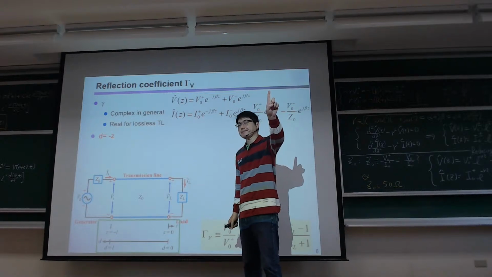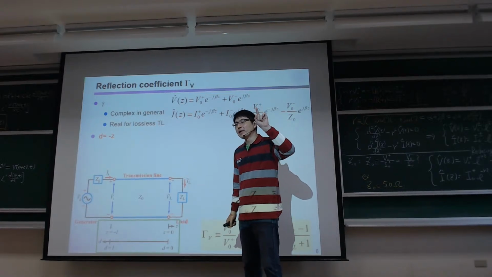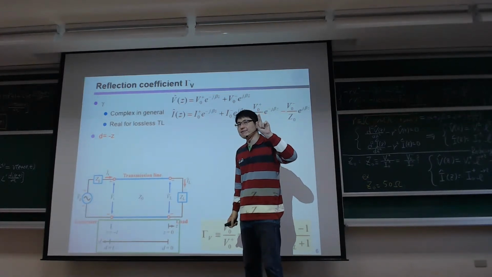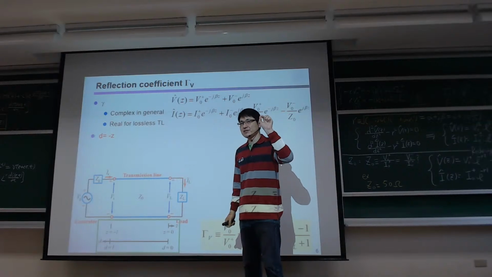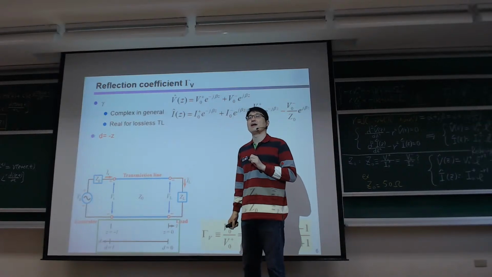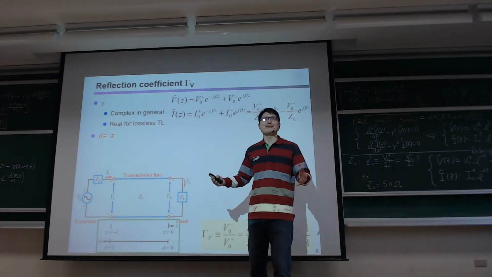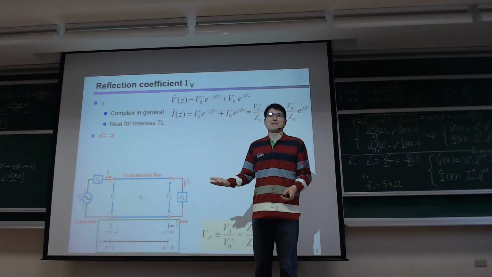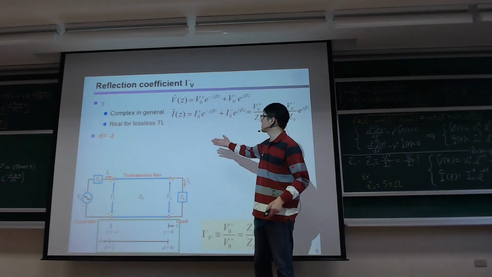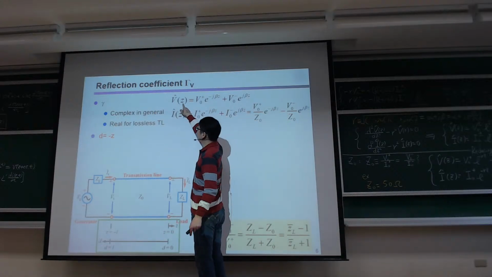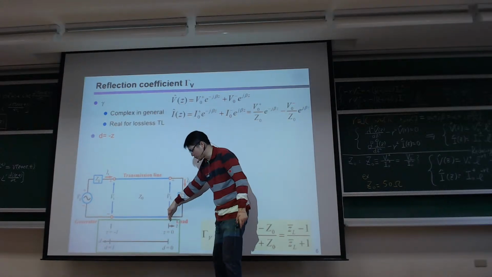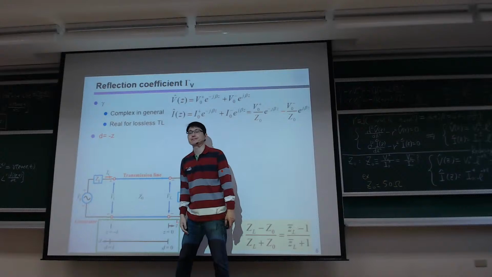Question number 1. Where do you want to define z as 0? What kind of question is that? Doesn't matter, right? The equation is equation. z as a function of z can be 0 here or can be 0 here.